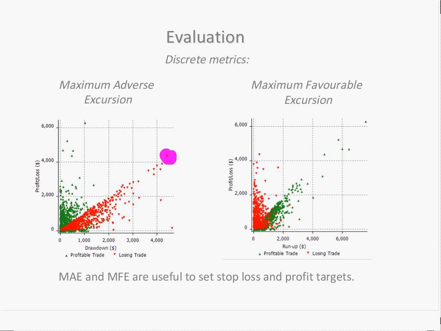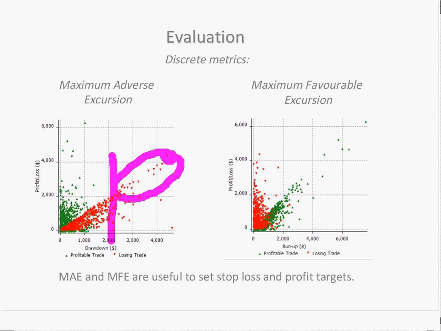For example, you can cut the losses at the level of 2,000. We limit our losses, so we allow trades like this and preserve all our winning trades.